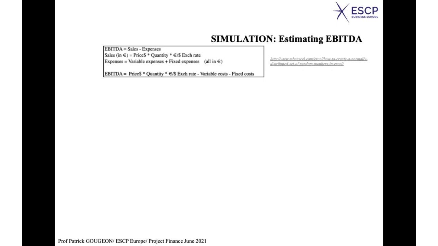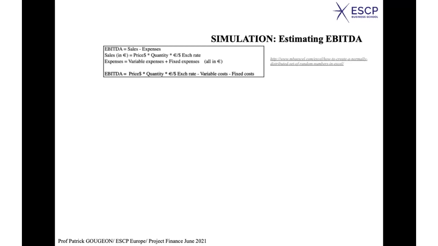The sales here would be expressed in euros, but you sell abroad with prices in dollars and a certain quantity. So the sales is the price in dollars times the quantity times the exchange rate, the value of $1 in euros. What about expenses?